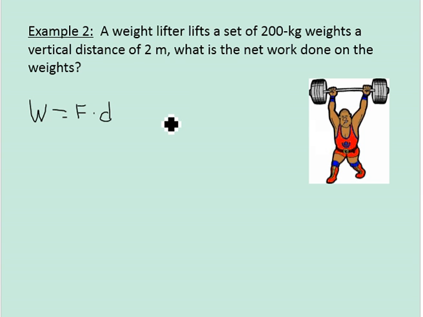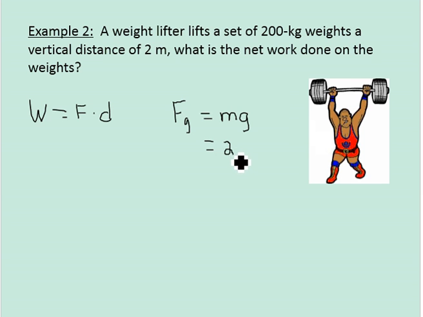And now we have to think about what is our force. Well, when we lift things, the force that we're actually exerting is the weight of the object because we're working against gravity. And remember, the force due to gravity, we say the size of that is the weight of the object. So that's the force that we're exerting. So we have to go out and calculate that first.